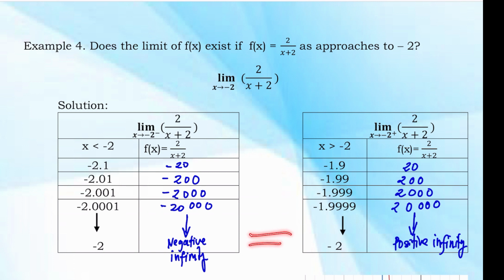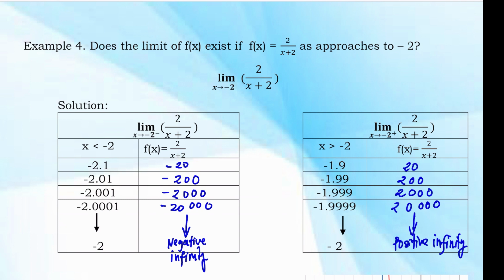They are not equal. So you may observe that no matter how we get closer to negative 2 from either direction, the value of the function increases and decreases without bound. So the value of f of x does not converge to one particular point.